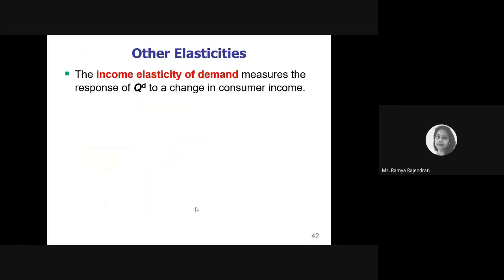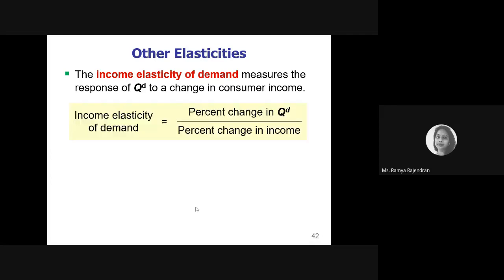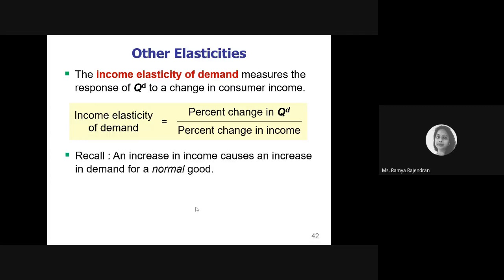Okay, so we have other elasticities as well. The income elasticity of demand: what happens to demand when income changes? If everybody started to earn more, what happens? For a normal good, people will try to buy more, so an increase in income causes an increase in demand.